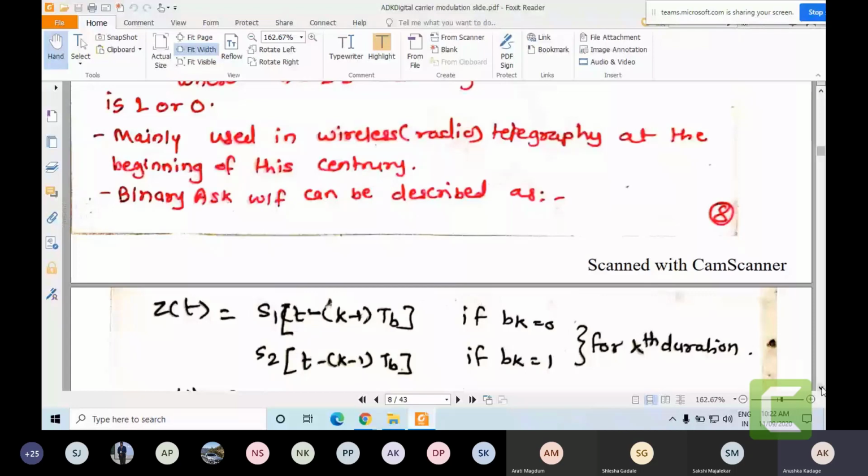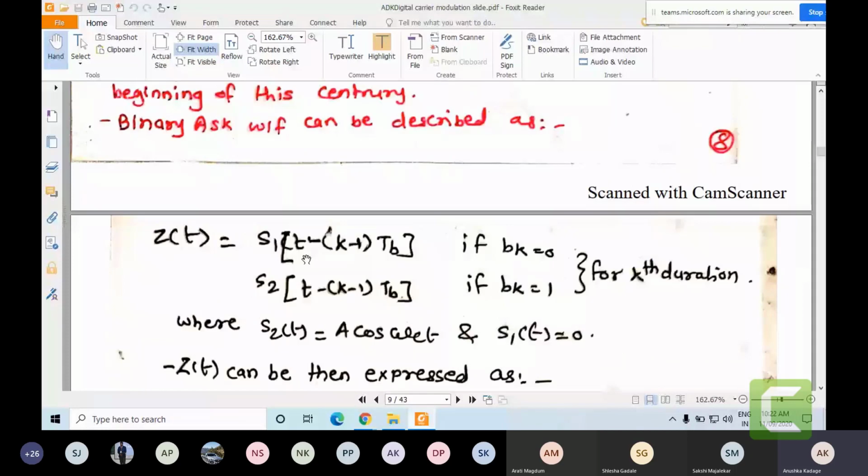So for that, we are starting with the z(t) signal, and we know z(t) is actual transmitted signal, and actual transmitted signal is nothing but the shifted version of either s1(t) or s2(t) signal based upon what is the value of bk. But in case of ASK, what we have said, either we are having a presence of signal or the absence of signal, and that's why here we are writing s2(t) is equal to A cos(ωct) and s1(t) is equal to 0.